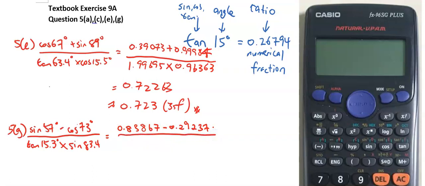Divide by tangent 15.3, press our calculator, 0.27356. Multiply by sine 83.4, 0.99337. Then we divide them. Evaluate the values, we'll get 2.01025, round off to 3SF, 2.01.